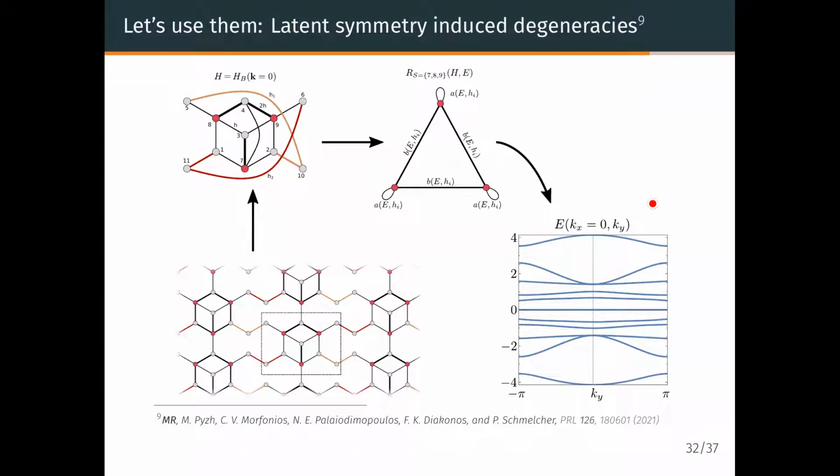But you don't see linear degeneracies like Dirac points at the boundary. I'm not sure. I would definitely investigate this. I have some more examples to play with. Okay, thank you. Amazing talk.